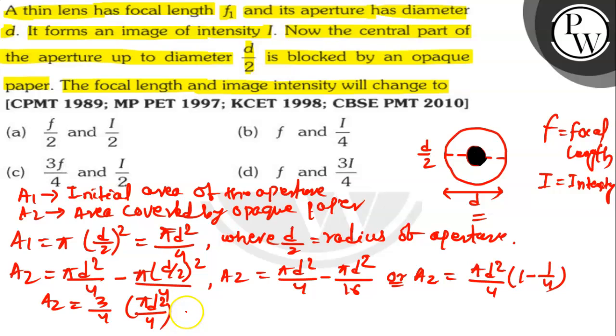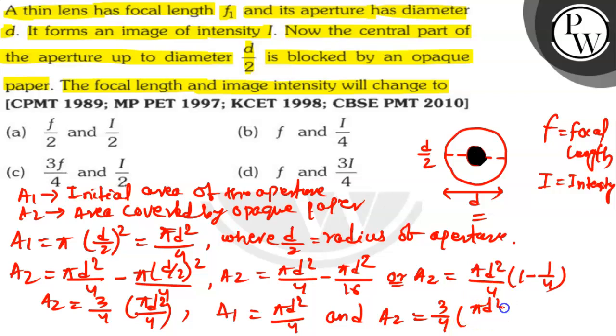Okay, so as intensity is proportional to the area, we have to find the new intensity. So what we have, A1 is equals to pi d square by 4 and A2 is 3 by 4 pi d square by 4.